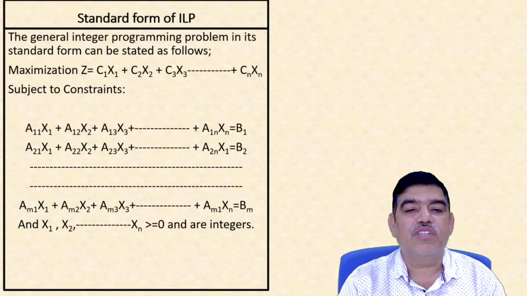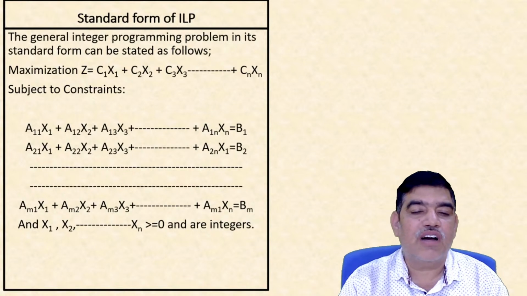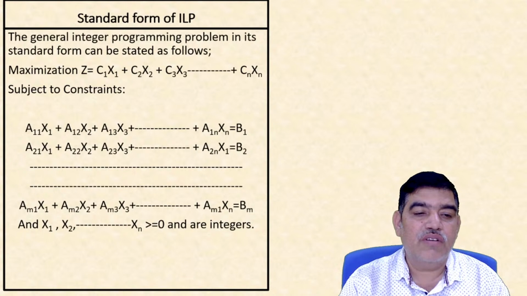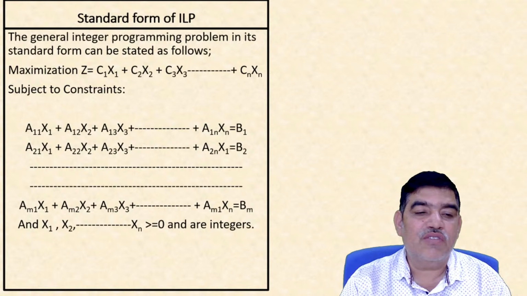Here c1, c2, c3 up to cn are the parameters of the decision variables. What are the decision variables? x1, x2, x3 are the decision variables. What are the subject to constraints? The constraints are a11 x1 plus a12 x2 plus a13 x3 plus up to a1n xn equal to b1. Here a11, a12, a13 are the coefficients of x1.